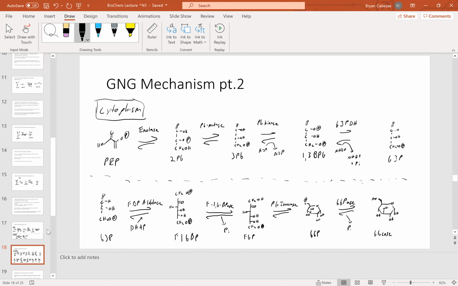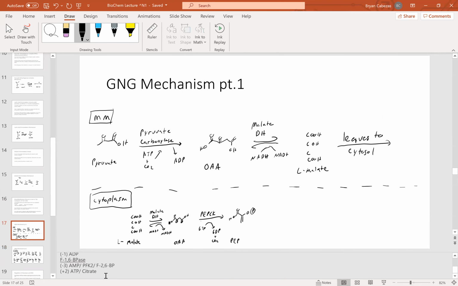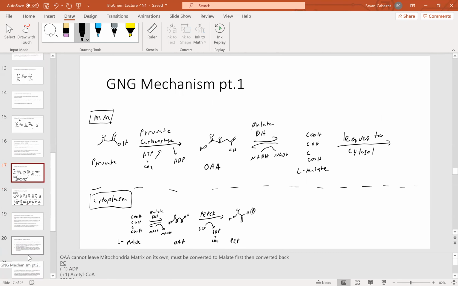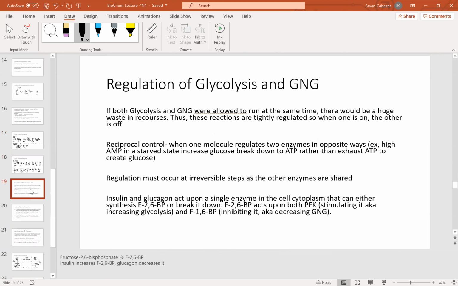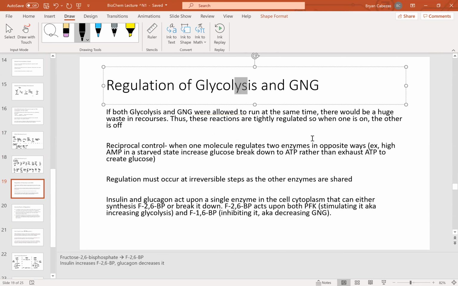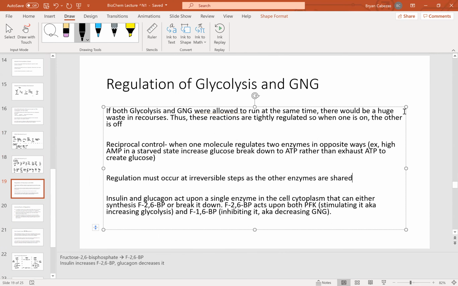Okay, and here in the notes section, we have the inhibitors and the positive regulators of the pathway. He's just going to talk about what regulates glycolysis and what regulates gluconeogenesis. So remember, glycolysis is the lysis of glucose, and that means it's breaking it down, and gluconeogenesis is the creation of new glucose.